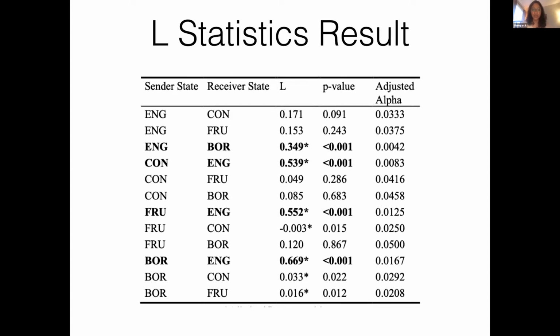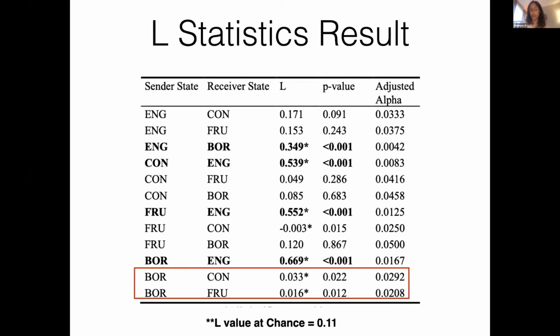Obviously from this table, one thing is clear that there are 4 transitions which are significantly likely to occur, and that's after post hoc. What's interesting is if we were not careful about how we are looking at the L chance value, we would have also called the last 2 significantly above chance, because they are positive and they have a p-value which would meet the threshold.